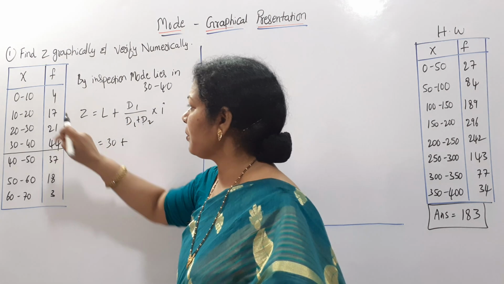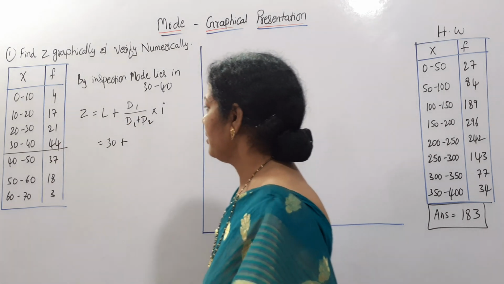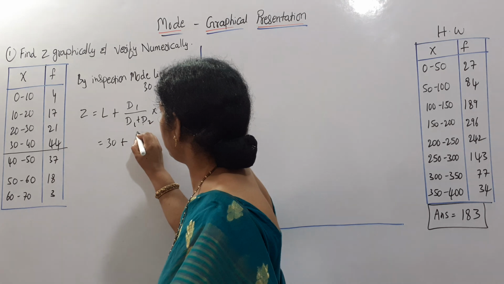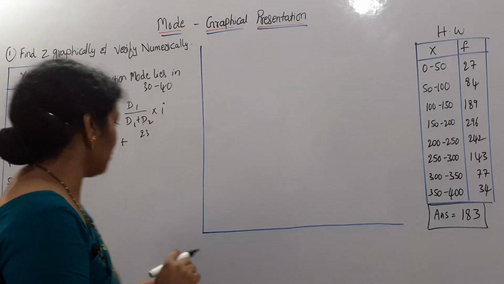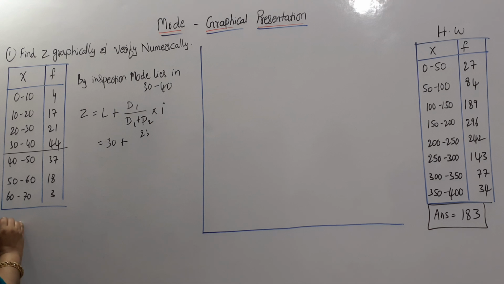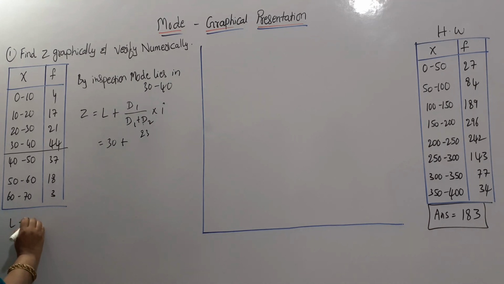D1 is 44 minus 21. It comes to 23. If you want, you can write it separately also. L is 30. D1 is 44 minus 21, it means 23.